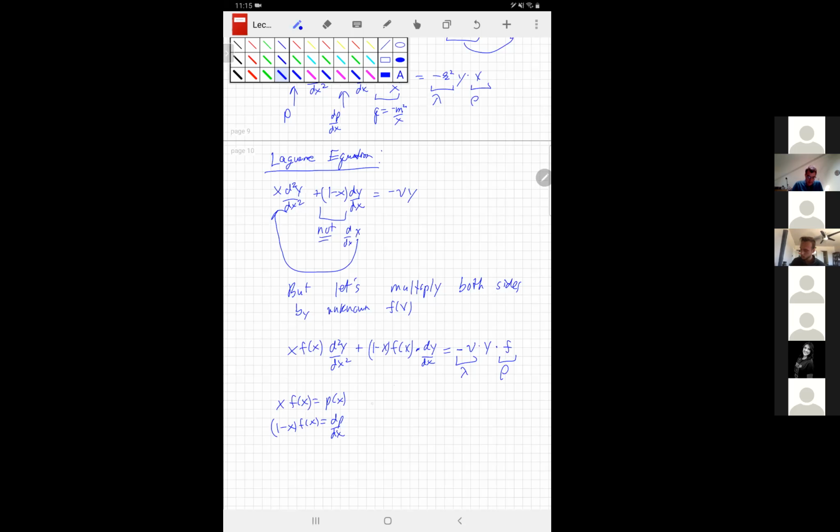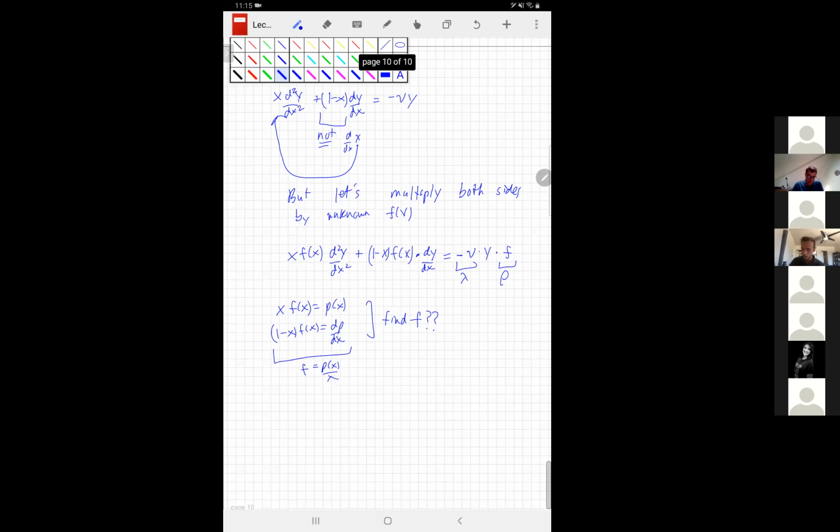Okay, now we have to find f. Well, we've got this differential equation here, but it has two unknown functions in it. Do you see any way that I could get rid of f in the second equation, maybe using the first equation? f is P of x over x using the first equation.